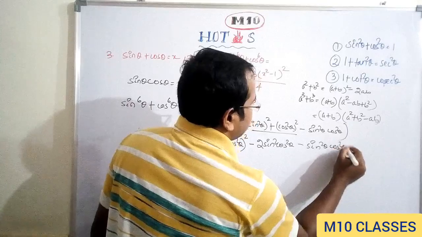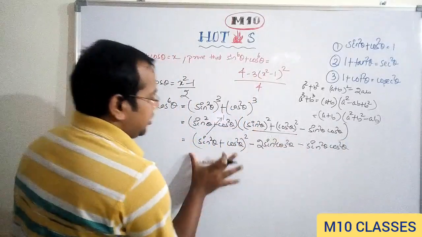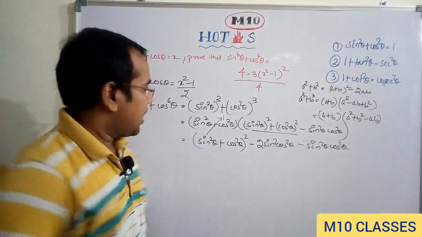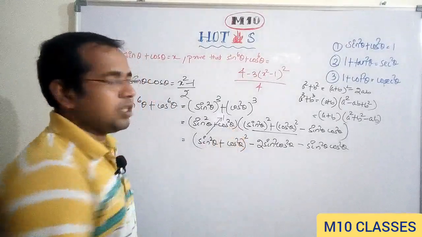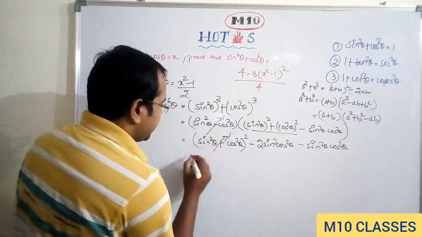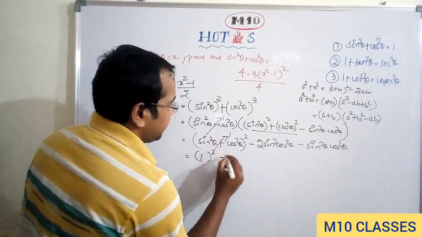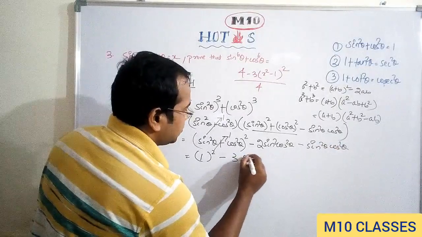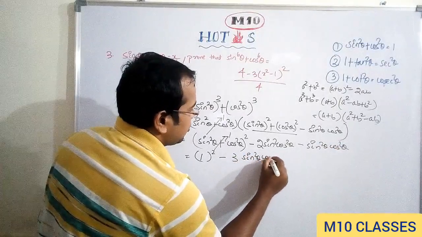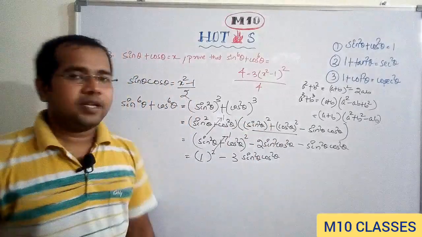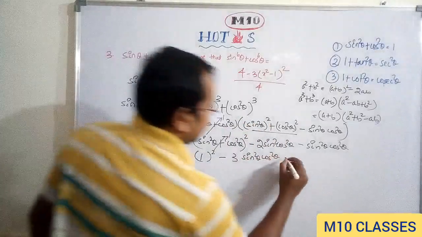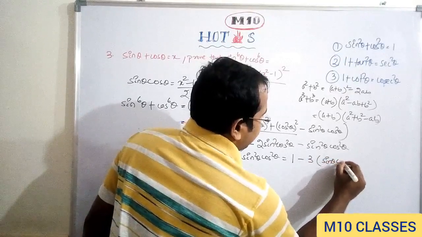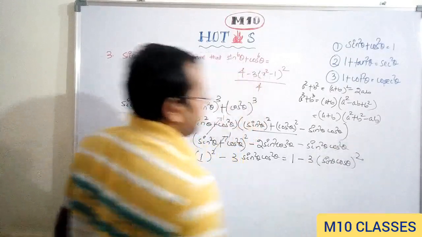So for this value you are getting up to this, then minus sin square theta cos square theta. Now again sin square theta plus cos square theta is 1. So you are getting 1 square minus 2 sin square theta cos square theta, minus sin square theta cos square theta. So you will get here 3 sin square theta into cos square theta. Now this can be written as 1 minus 3 sin theta into cos theta whole square. Okay, we have got up to this.